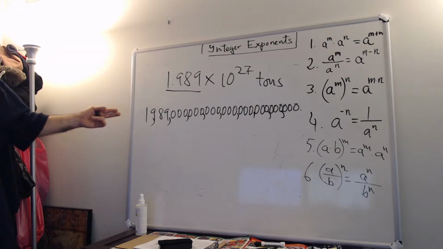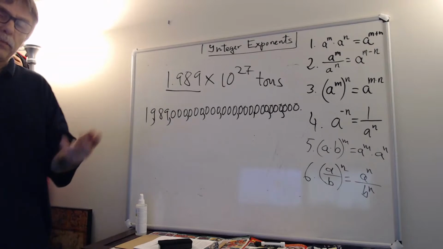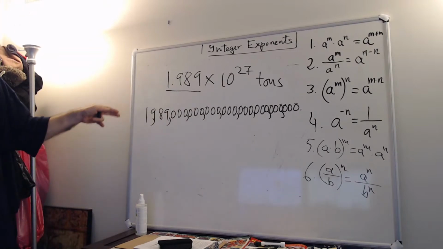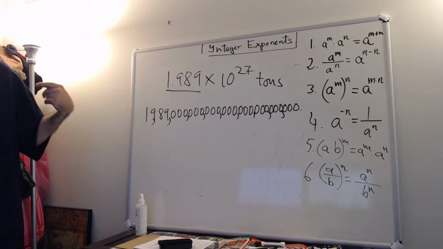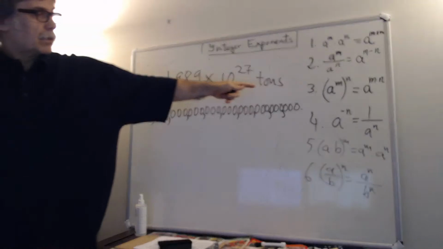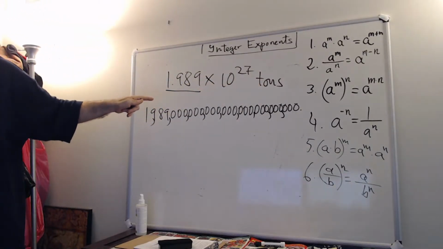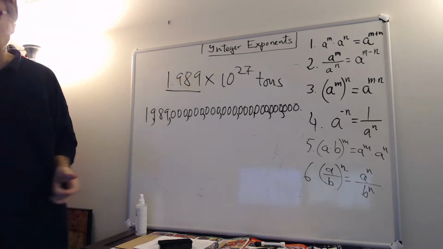And if you're writing a paper about the sun and you want to refer to how heavy it is, what the mass of the sun is, this is much more convenient. A much simpler number to write. So that's why we use scientific notation.